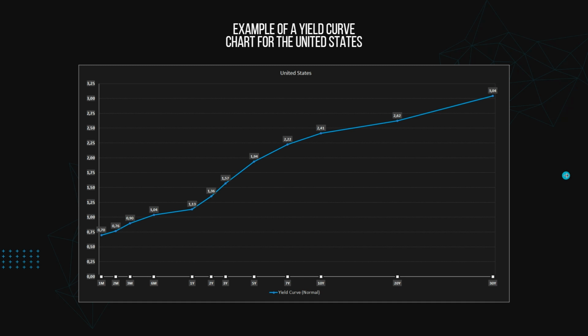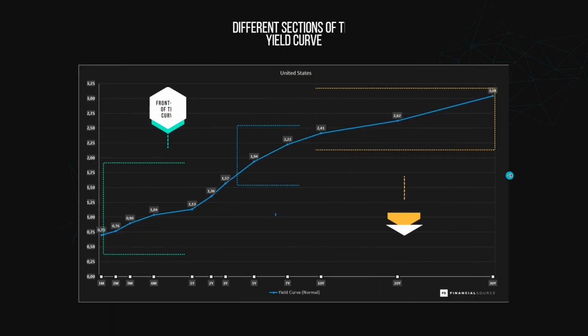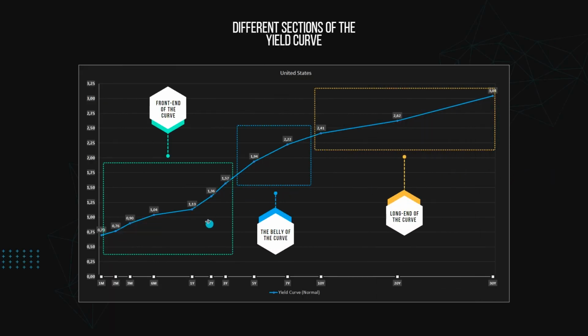Now, on the next chart, it shows us the same yield curve, but split into different parts. You have a front end with bills ranging from 1 month to 3-year bills. Then you've got the belly of the curve, which is the 5s and the 7s. And then you've got the long end of the curve, which is everything from 10 years and upwards. Now, it's important, as we've mentioned many times, that different things will drive different parts of the curve in different ways.